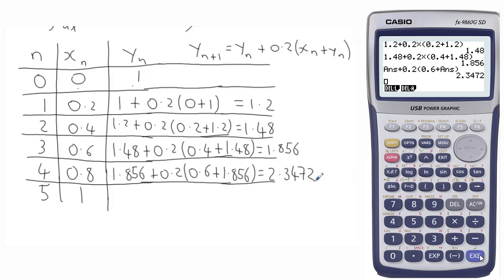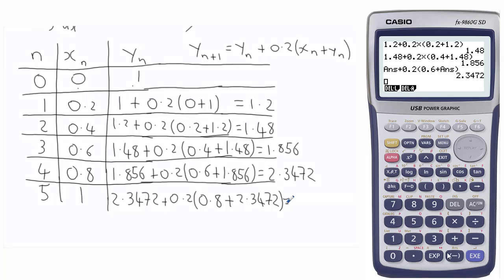Okay, so the final one is going to be 2.3472 plus 0.2 times 0.8 plus 2.3472. And again, we're going to be on that Ans button for the y's, but we are going to have to change the last x value in there.